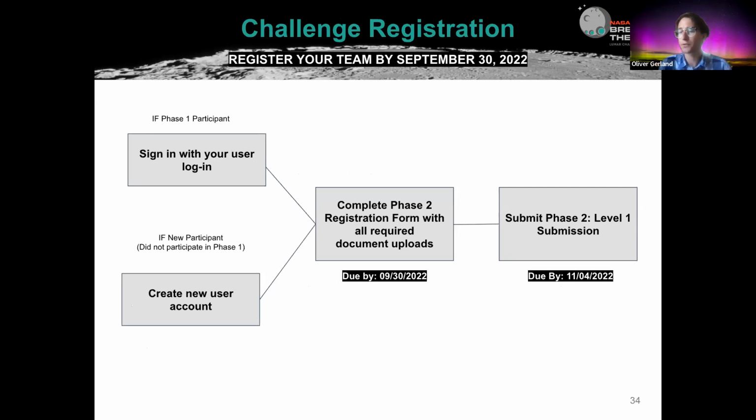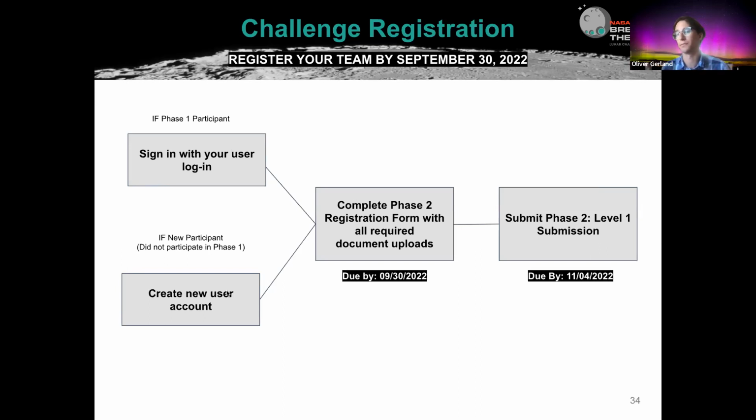So I just wanted to close out this session by, again, reiterating the challenge registration and level 1 submission process. As we've said a few times, anyone can participate. But the way that the website is set up, you need a user login before you can access the phase 2 registration form and the phase 2 level 1 submission form.